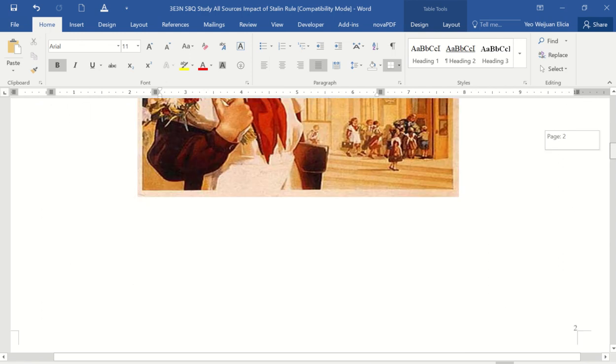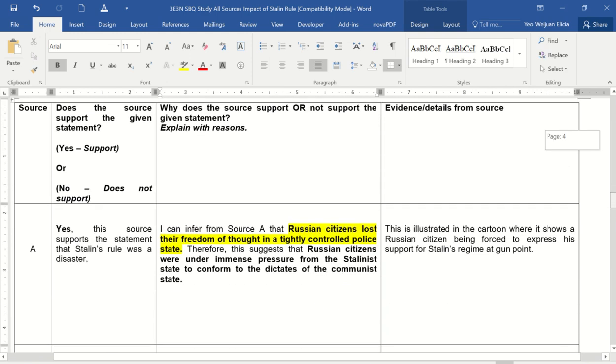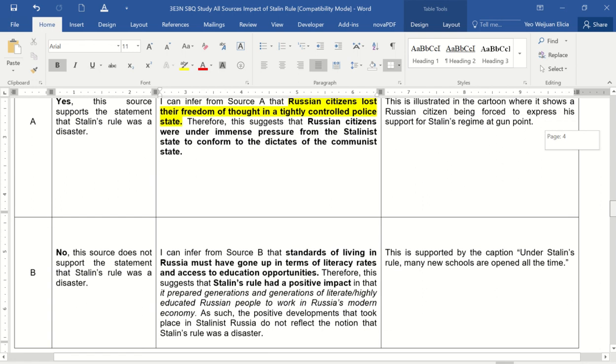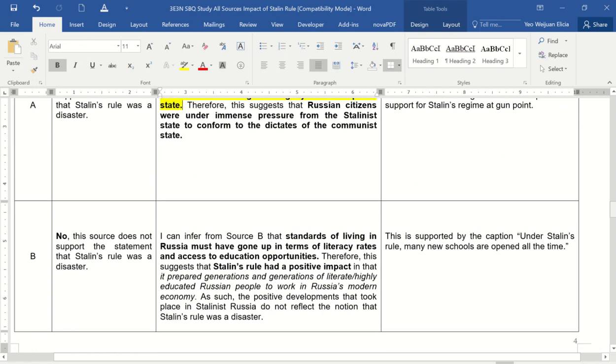Look at source B. Now when it does not support, there is one extra step to take. Firstly, no, the source does not support the statement that Stalin's rule was a disaster. Why?